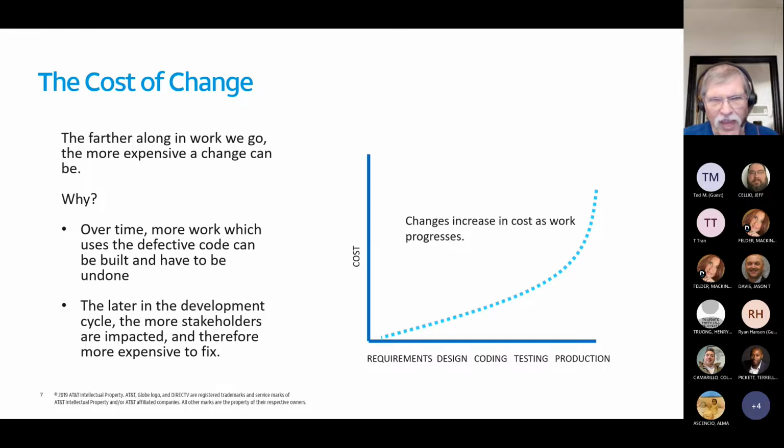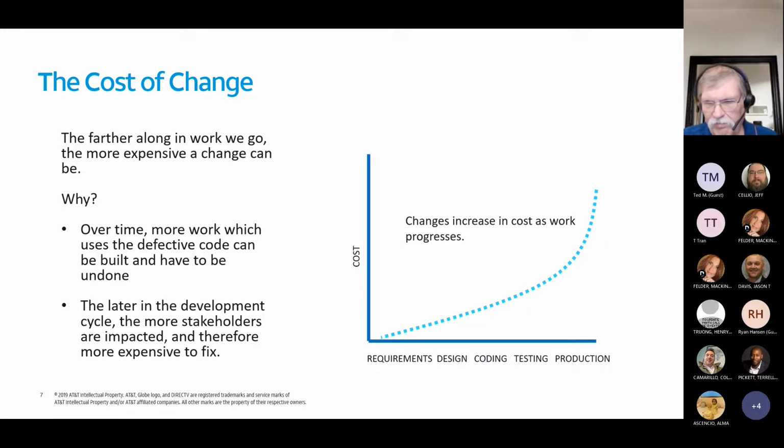Okay, and that's why, as I said, we want to be able to use agile methods, having a fixed, small time box that we're iterating over, so that all of these are done within that time box.